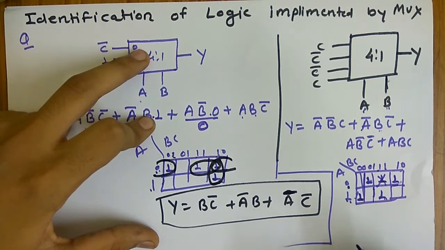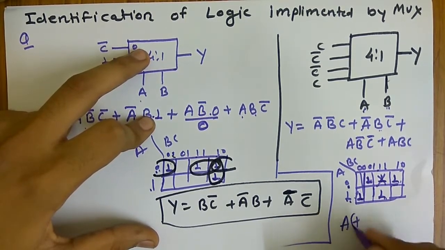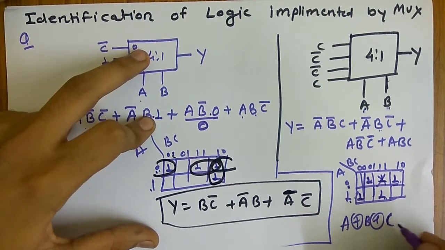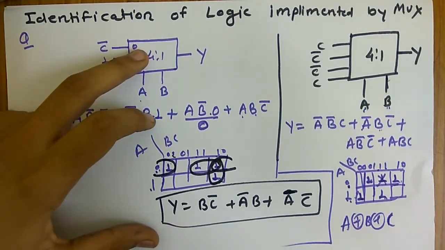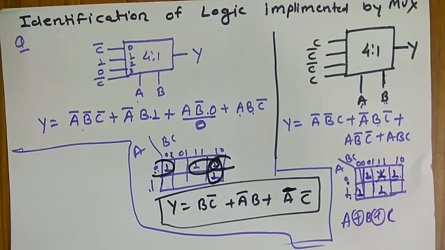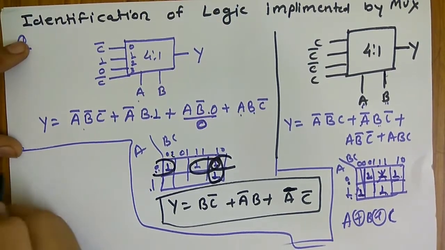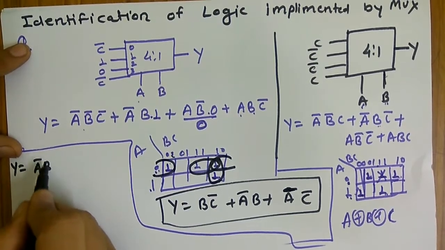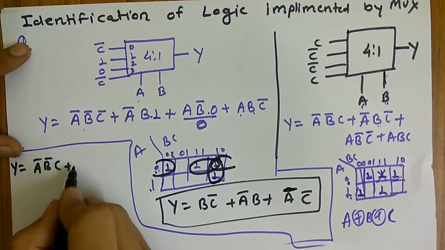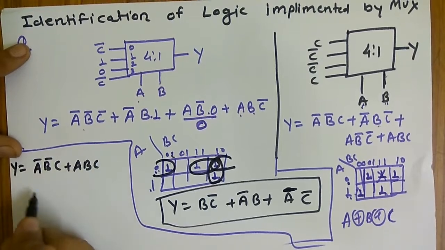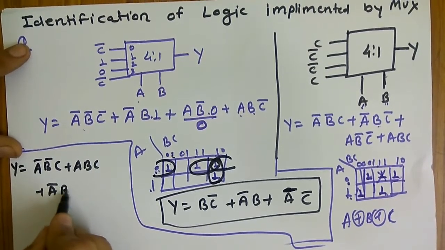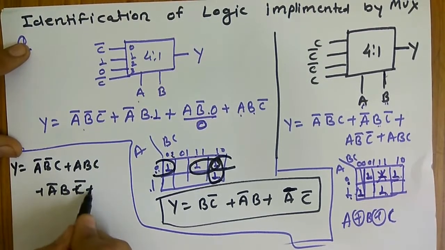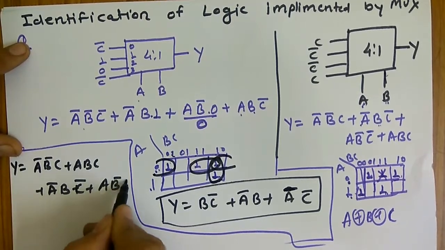So this is the expression, and I have proved it in the full adder: A XOR B XOR C. If you want to see, we will go a little faster. I am writing the same expression: a bar b bar c, plus a b c, plus a bar b c bar, plus a b bar c bar.